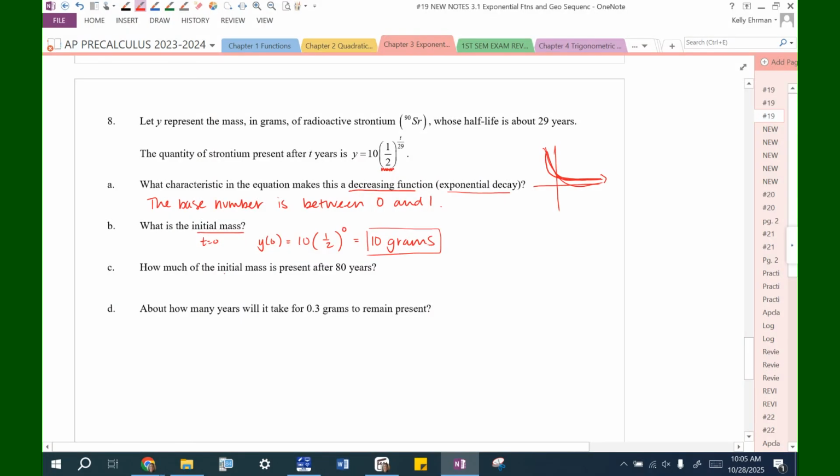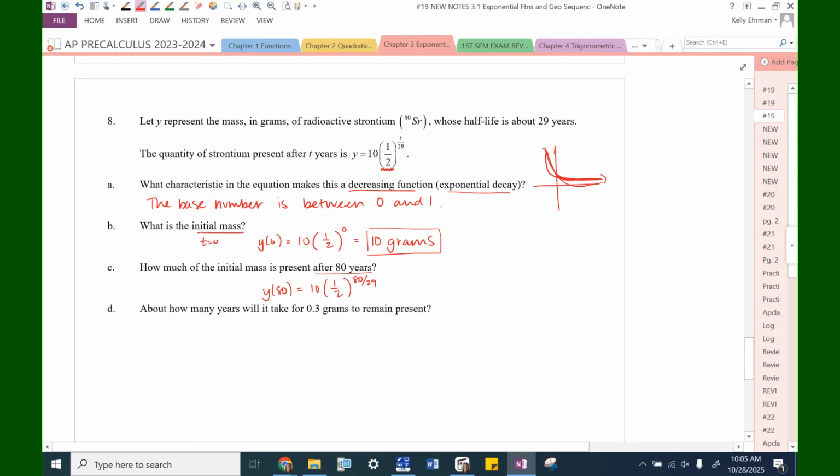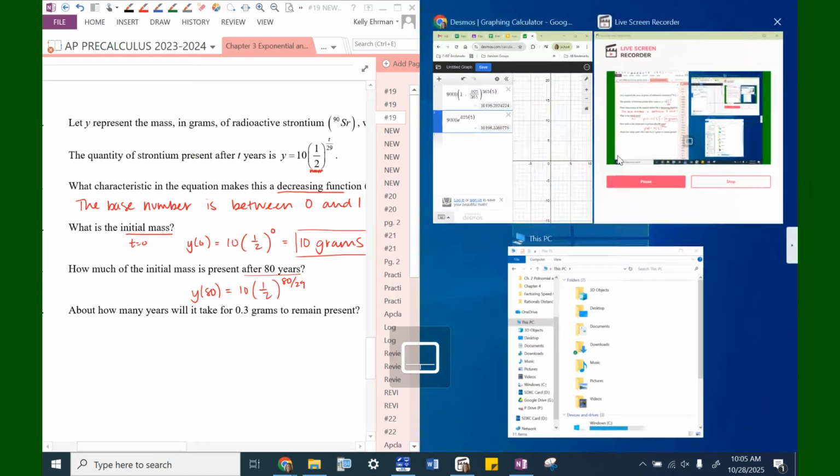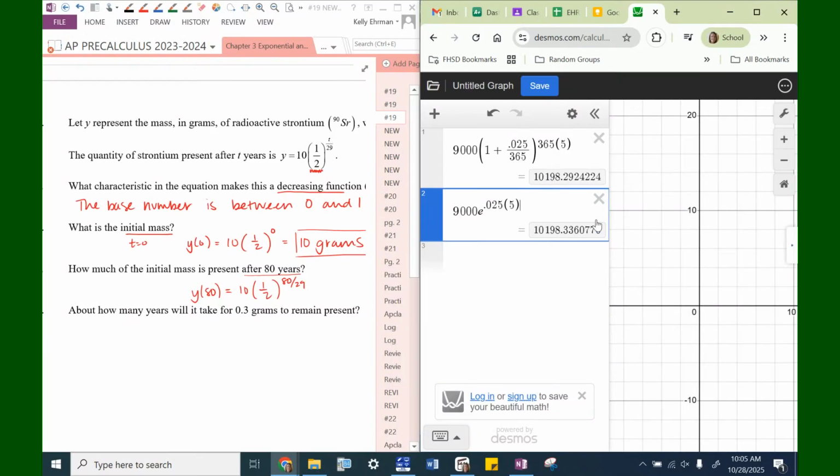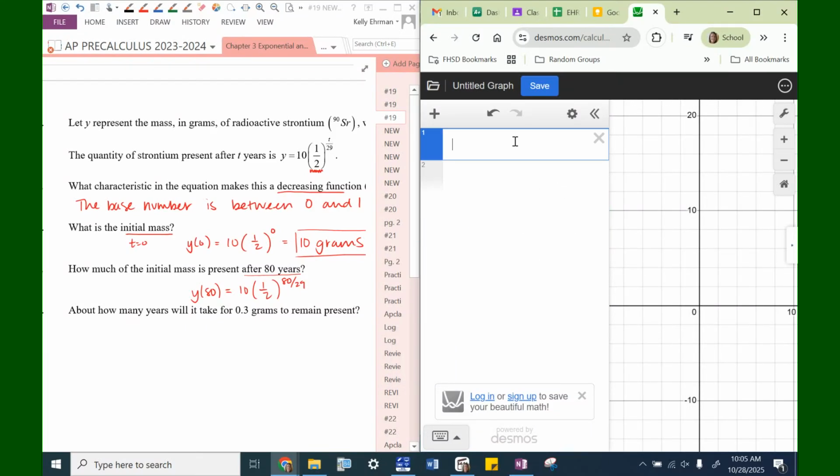How much of the initial mass is present after 80 years? So we should just be plugging 80 in. I already know it should be less than 5 grams because it only takes 29 years to get 5. So 10 times 1/2 to the 80 divided by 29. We're going to round this to 3 decimal places, since we're not talking about dollars and cents anymore.